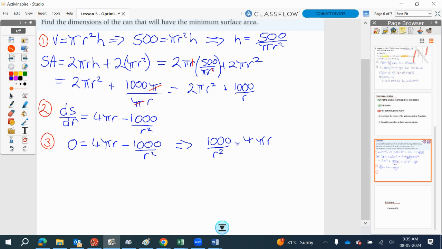So if I multiply both sides by r squared and divide by 4 pi, I get 1,000 over 4 pi is equal to r squared. Sorry, r cubed.